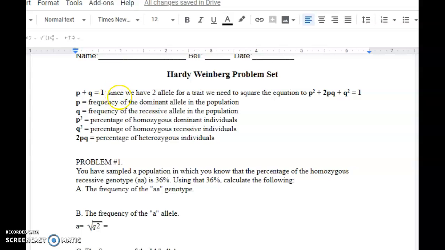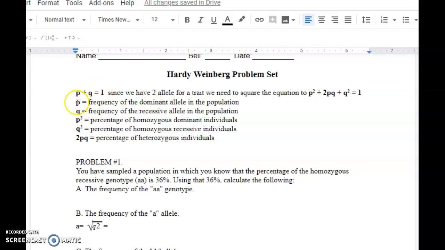Because there's 2 alleles for each trait, though, you need to square the equation. So that's going to be P squared plus 2PQ plus Q squared equals 1. This is the idea that you've got 2 alleles for a trait, and this can help tell us the frequency for that trait.